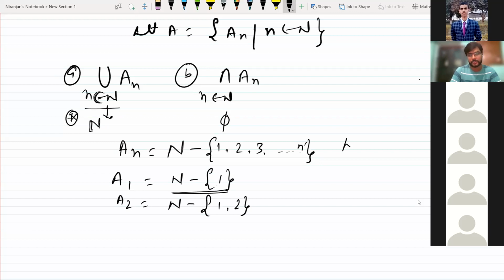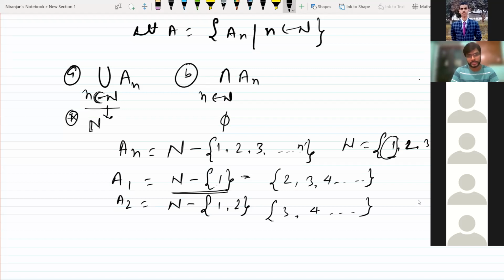Natural numbers are 1, 2, 3, 4, and so on, but you are subtracting 1, so this particular element is not in A_1. So it starts with 2, 3, 4, and so on. This starts with 3, 4, and so on. And once you take the union, you get actually N minus {1}.